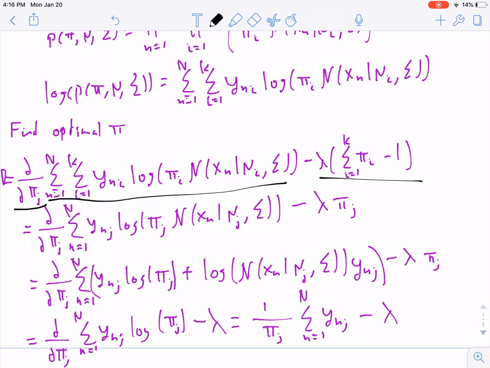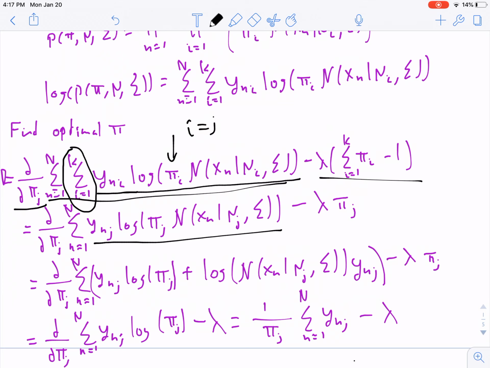The first thing to realize is that over this first sum, if i is not equal to j, then this term will have no dependence on pi j, because this is the only point of pi dependence, and if i is not equal to j, then pi i is not dependent on pi j. So the only terms in this sum that we care about are the ones where i equals j. So we can just delete this sum and only count the terms where i is equal to j, which is what I've done here.